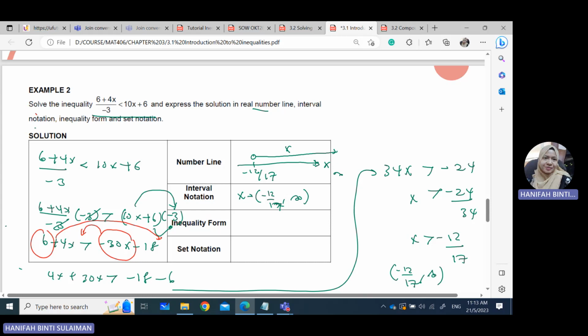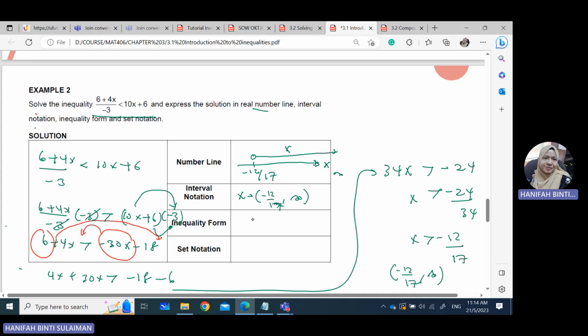Kita guna open bracket because the value of negative 12 over 17 does not include in x value. Macam mana kita tahu dia tak include? Sebab tak ada equal kat sini. Is greater than. Bukan greater than or equal. So, inequality form dalam bentuk greater than, less than, greater than or equal, and less than or equal.